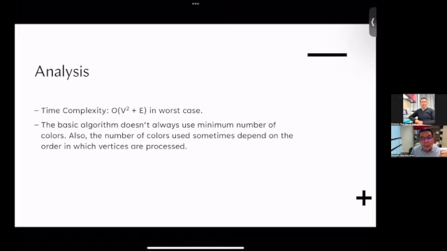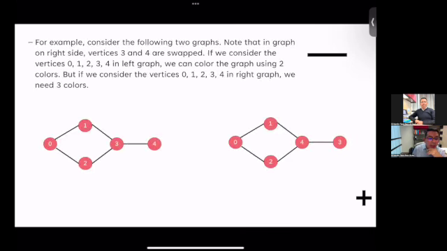However, it cannot guarantee that it will always give us the minimum number. Sometimes the approximation of the chromatic number that this algorithm is going to give us will depend on the order in which the vertices are processed. And that is bad, okay? Because we cannot know in advance.